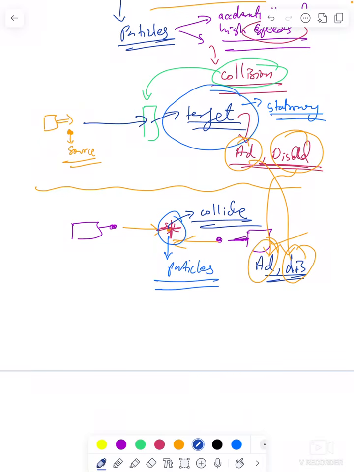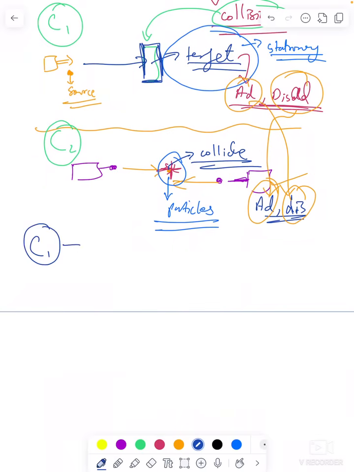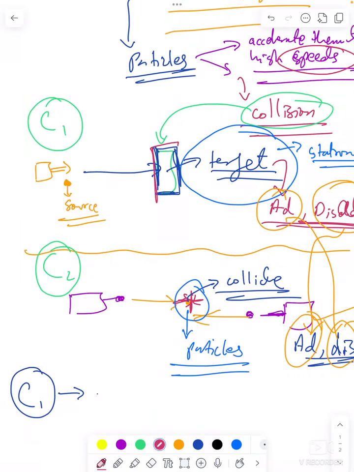Now, when we talk about when to use each type of collision, let's say we have collision 1 and collision 2. In collision 1, the target has zero momentum before collision, and the incoming particle has some momentum, let's suppose of any value, gamma.